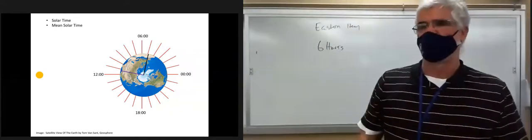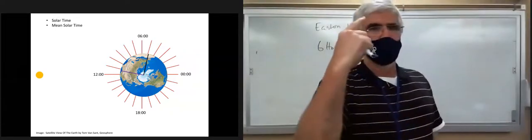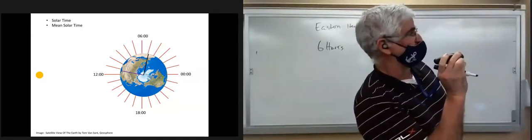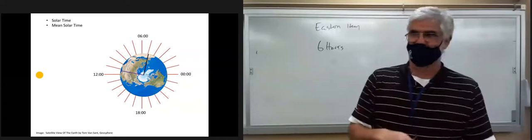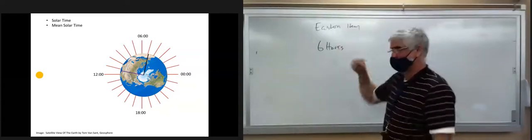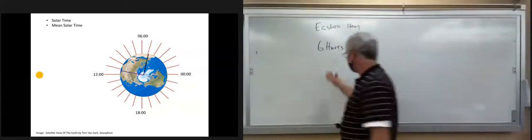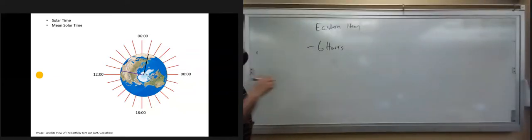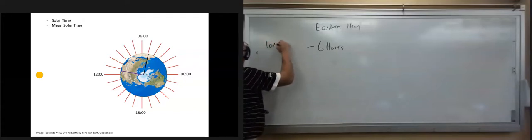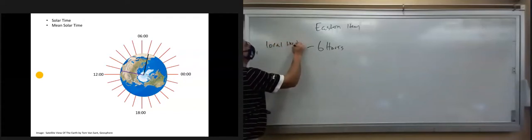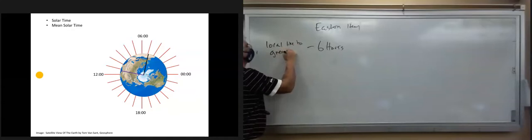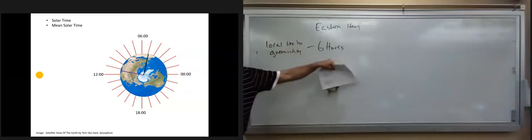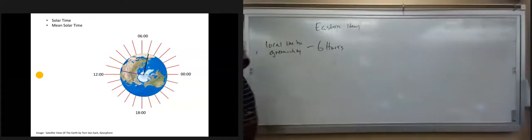If I wanted to take my local time and convert it to what time it is in Greenwich, how would I apply this 6 hours? I subtract. To go from local time to Greenwich time in the Eastern Hemisphere, what do I do with the time difference? I subtract it.